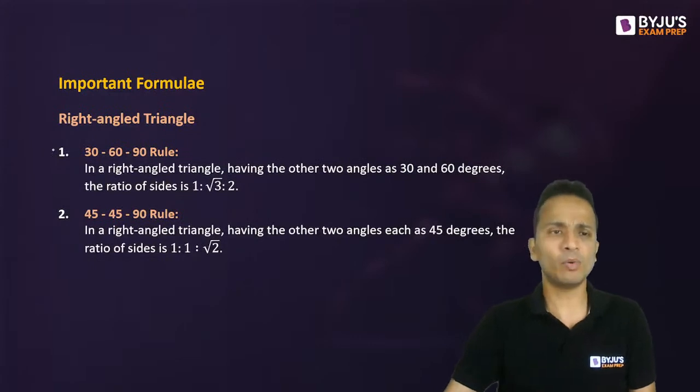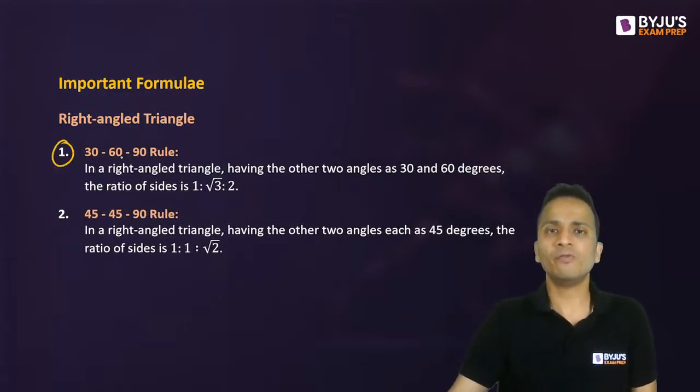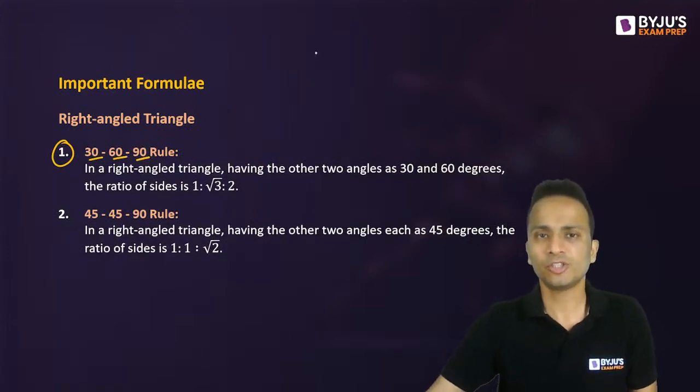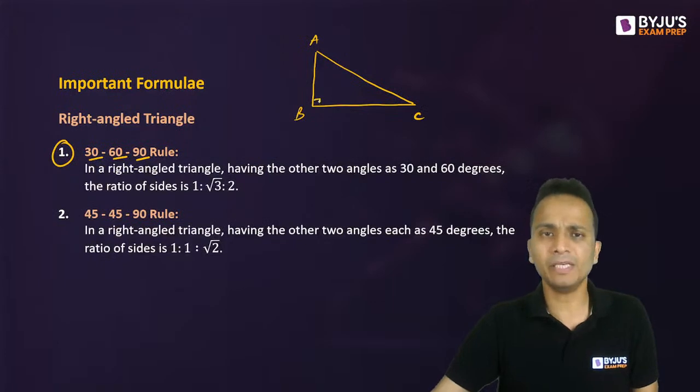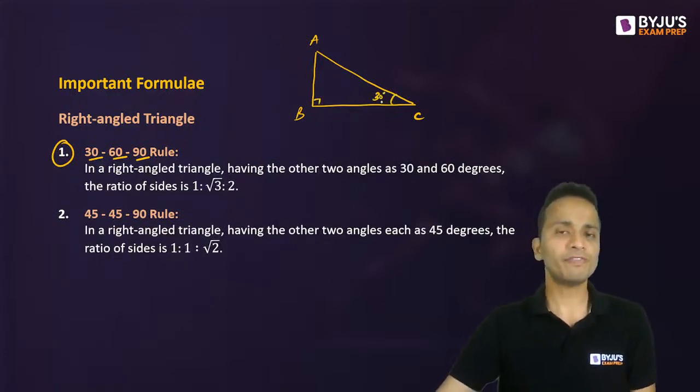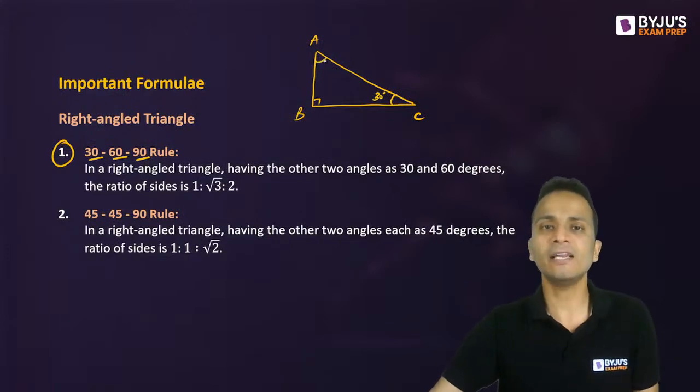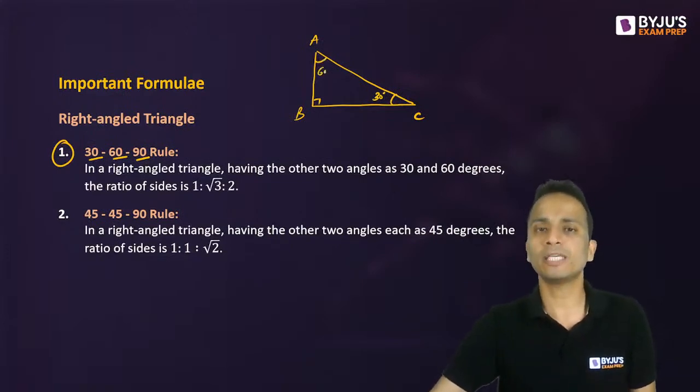Look at the case number 1, a right angle triangle in which the angles are 30, 60 and 90 degrees. Okay, so I'll give you an example for this. So let's consider this right angled triangle ABC, which is right angled at B, and it is given that angle C is 30 degrees. So if angle C is 30 degrees, then angle A will be equal to 60 degrees.